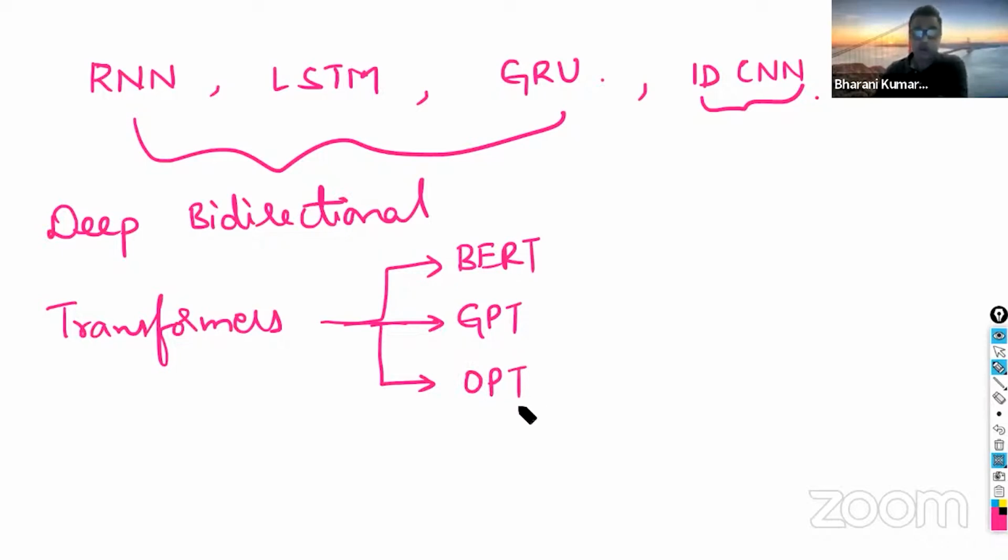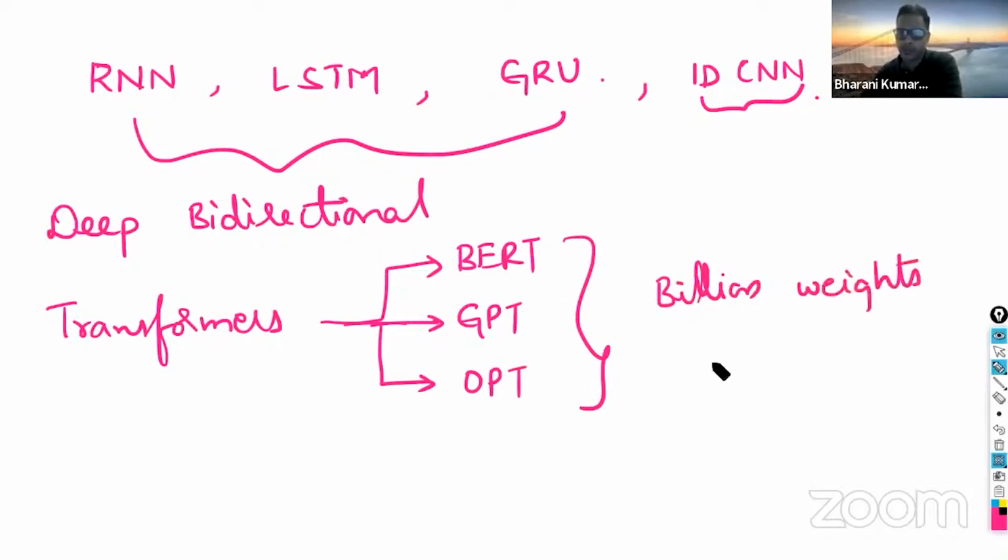A few of these are open source, a few of these are commercialized. But the point is, we are in the world of billion weights, and the world is now talking about trillion weights. Trillion parameters is what people are training their models on.